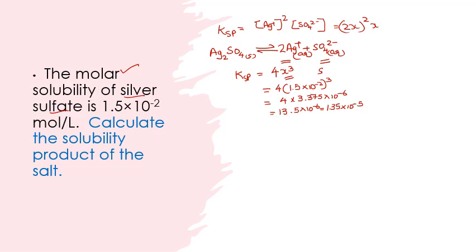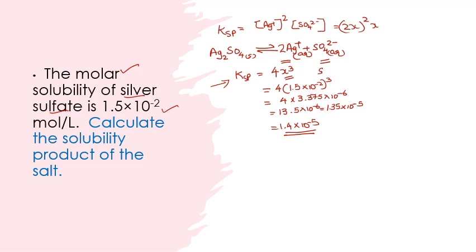So to match with the significant figures given in the question, we will write 1.4 times 10 to the power negative 5. That is our Ksp. So this is method 1, by directly substituting in the Ksp equal 4x cubed form.